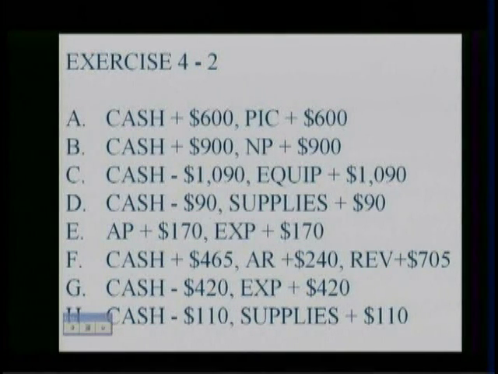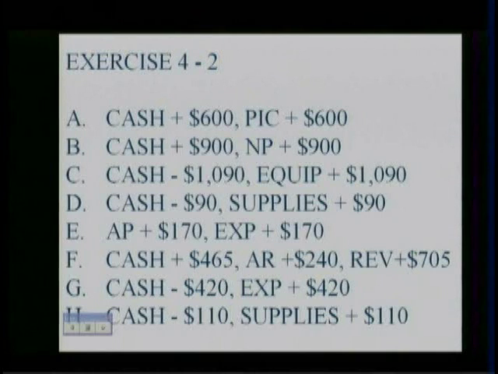In letter F, during the first 2 weeks of operations, they mowed 47 lawns. That's a lot of lawns. The total revenue for the work was $705. They actually collected in cash $465, and the rest of it's due to them in 30 days. So their cash went up by something, their revenues went up by another number, and the amount that's owed to them, which is accounts receivable, also increased.